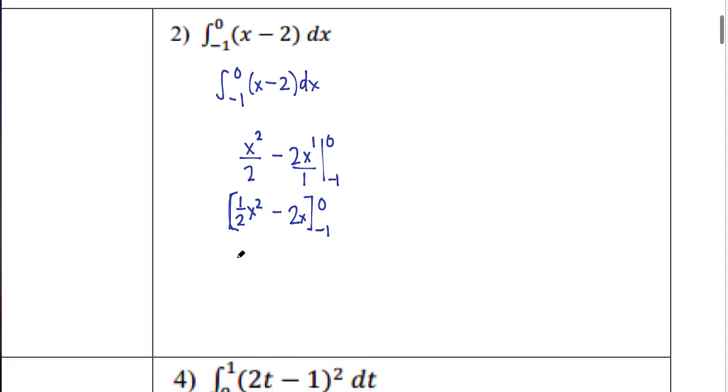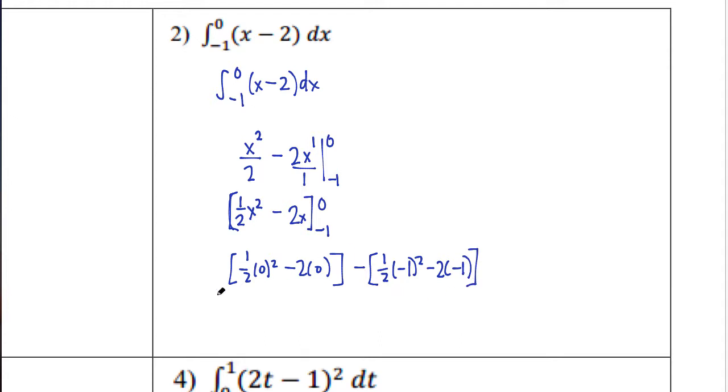From here, we just plug this in. It's going to be upper bound minus lower. So that's 1/2 times 0 squared minus 2 times 0, minus. We're doing the same thing, but substituting in the negative 1 instead of the 0. So that's 1/2 times negative 1 squared minus 2 times negative 1. This whole first thing is 0.